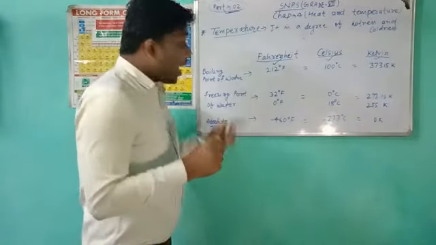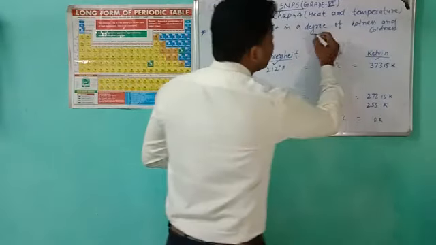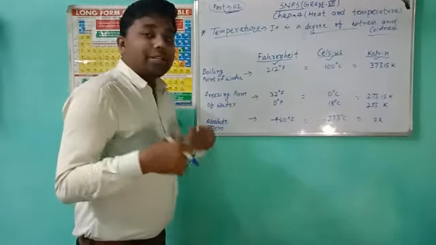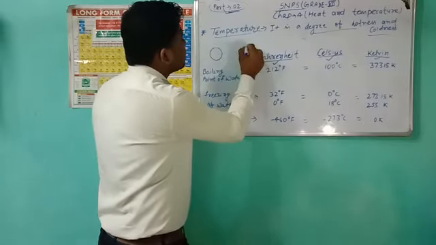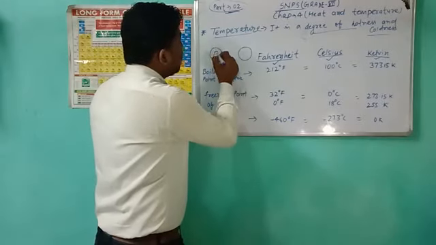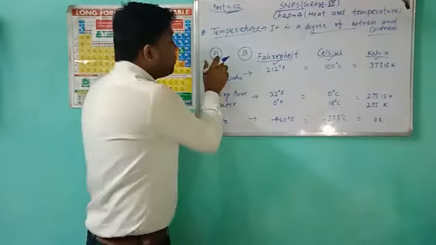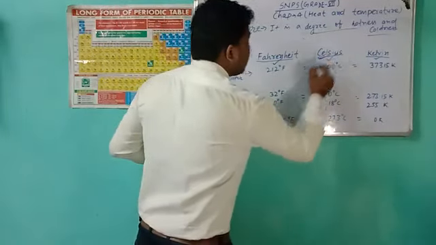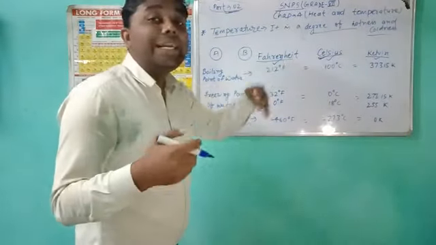I said that I will show you the degree of hotness and coldness. To take an example, I take two objects, A and B. Here I will show you in the Celsius scale, which is also called the centigrade scale.